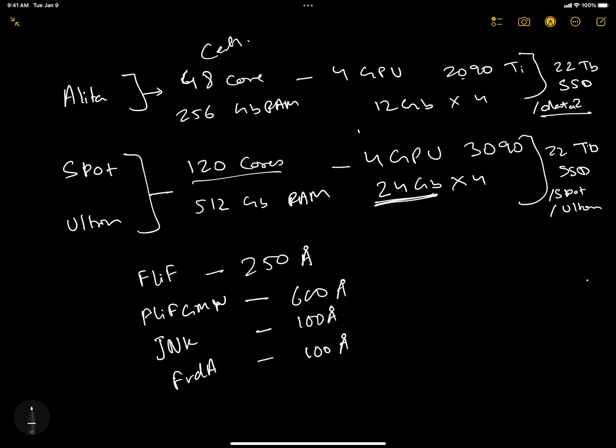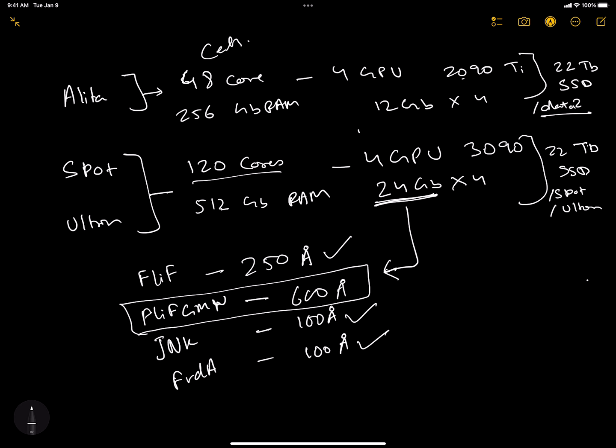So on Alita I can easily process these smaller ones. I can also process the Flea F structure on a 12 GB GPU, but for something as big as 600 angstrom, which means I need a bigger box size, I will need 24 GB.